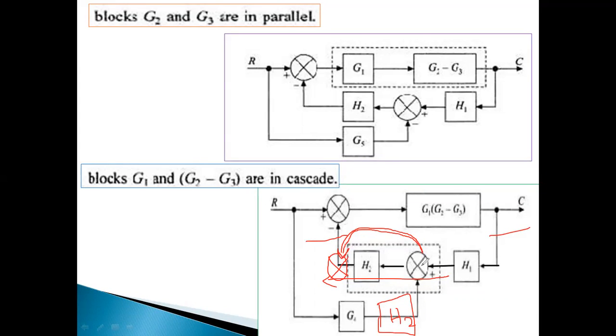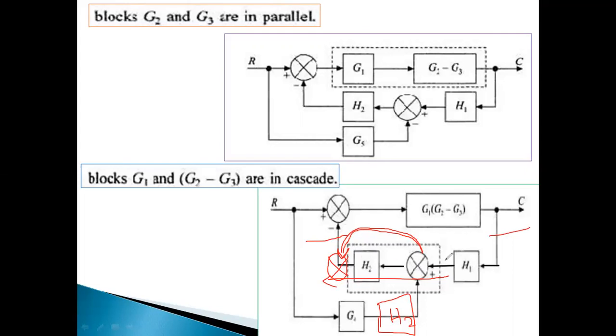When a summing point moves after a block, it is not moving in the reverse direction; it is moving in the same forward direction. So when a summing point moves after a block H2, a block H2 is added at the summing point. Is it clear? When a summing point is moving in the forward direction, H2. If it is moving in the reverse direction, 1 by H2.